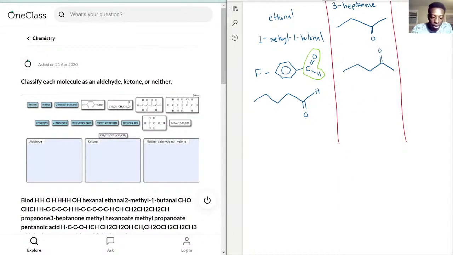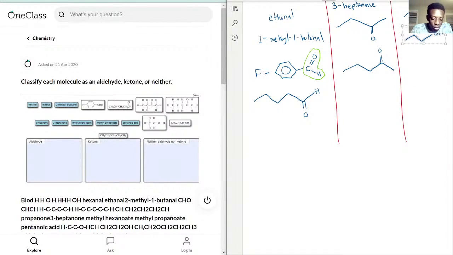Okay, and then we have the last 3 here. We have something that looks like this. Okay, that one's just an alcohol. In fact, this is going to be ethanol because 2 carbons and an OH. So that one goes over in the neither group. And this one, whoops, better lines. Because CH3, CH2, CH2OH, this one's just propanol. Also an alcohol.